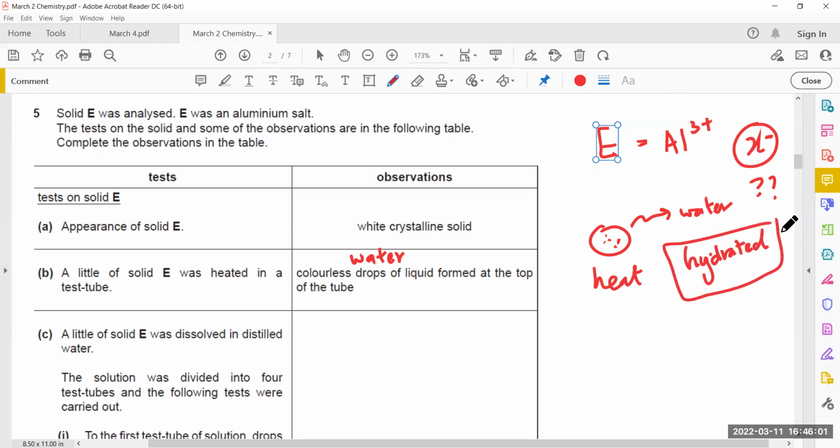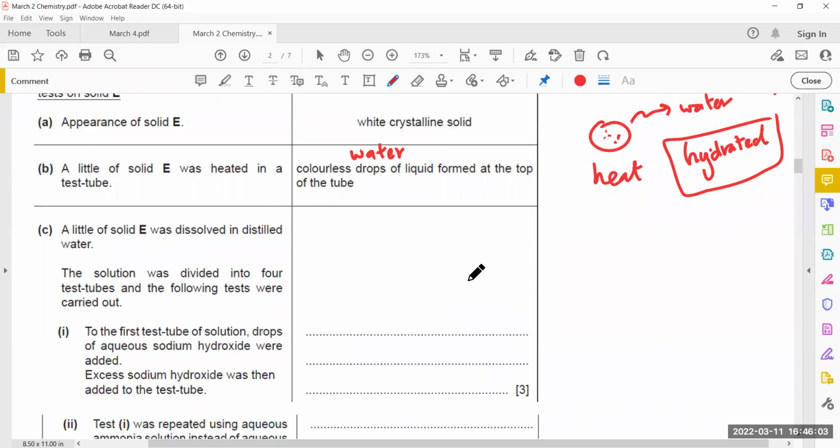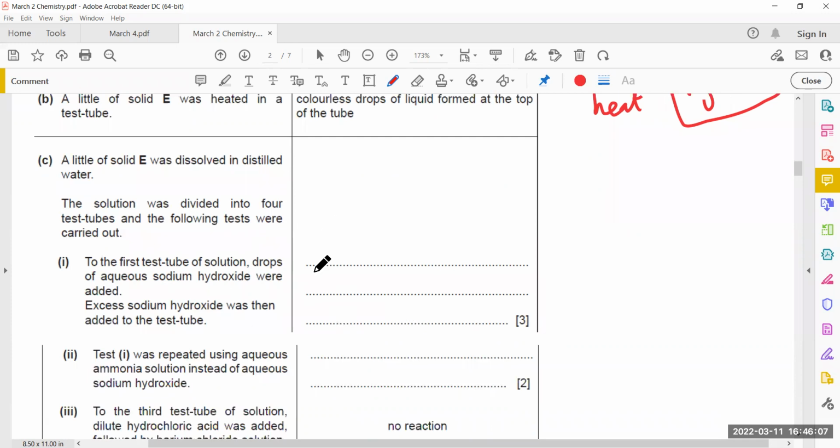Okay. Now, a little bit of solid E was dissolved in water. The solution was divided into 4 test tubes. Now, they won't randomly tell you to fill this up. They are telling you to fill this up according to the test of aluminium ions, because sodium hydroxide and ammonia solution is how you test for aluminium ions.